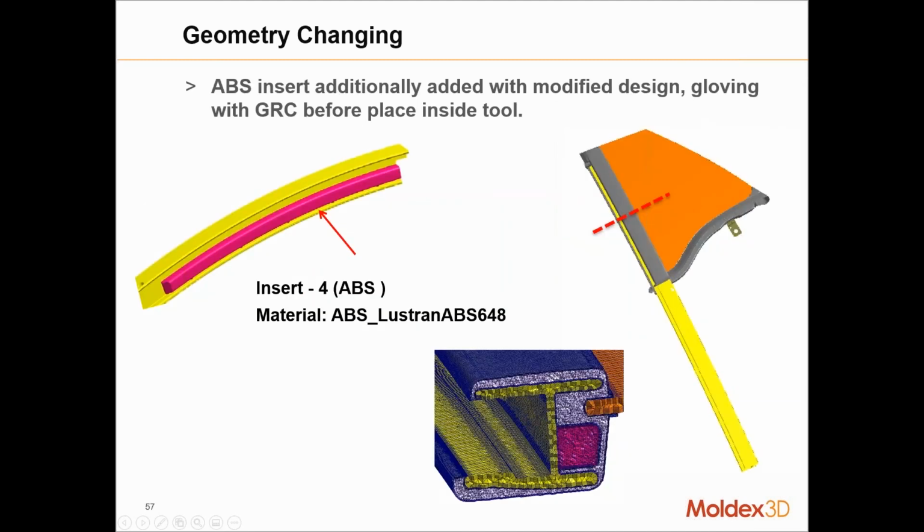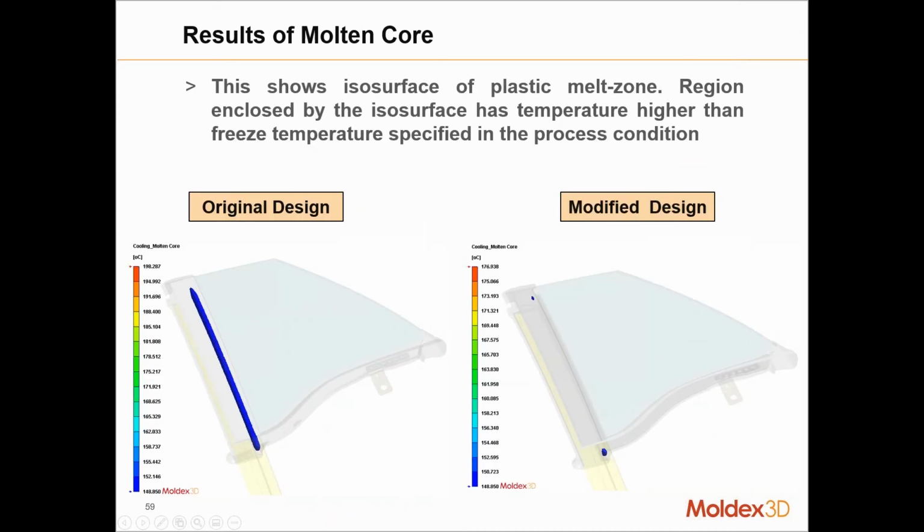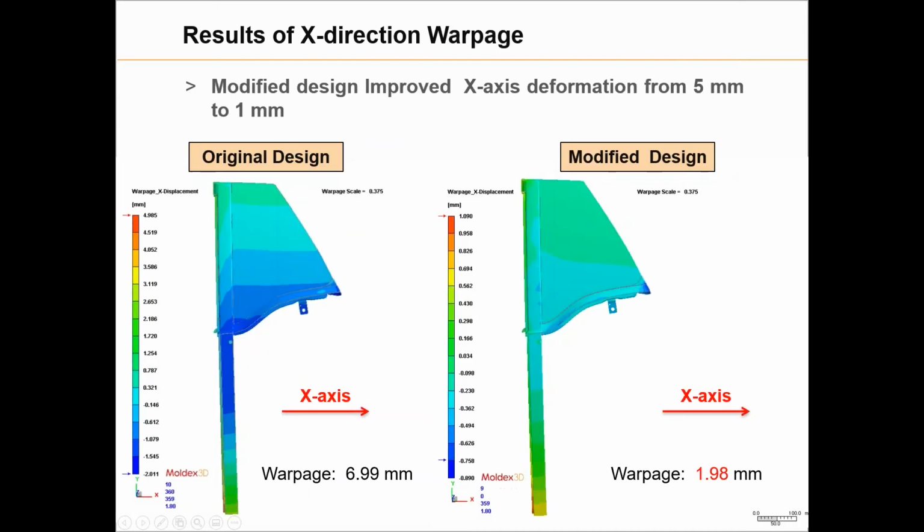And when they model that in, including the new insert now, and run a simulation, you are able to see how your hotspot is taken care of. The modified design does a better job of reducing the hotspot in that area, where you had a big region of molten material before. That was no longer the case, and that helped improve the overall warp also, as you can see from this animation and the result.